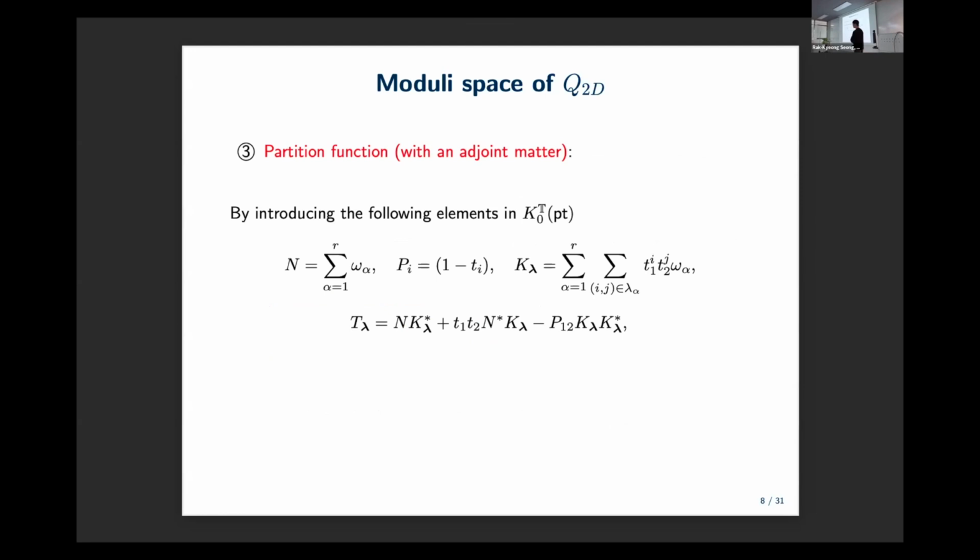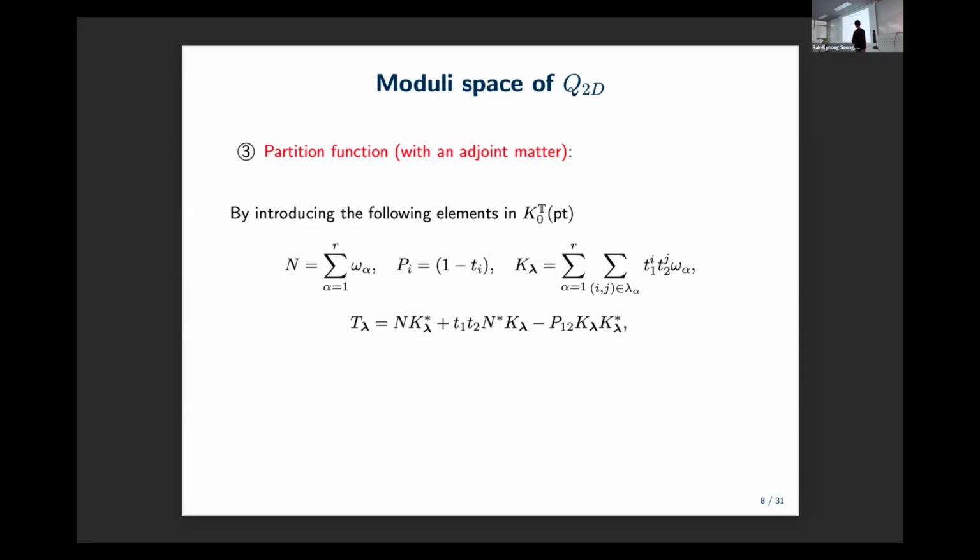To state the formula, we need some torus characters. In mathematics, this is seen as an element in equivariant K theory. And n denotes the sum of our framed torus characters. And P_i is 1 minus t_i. And this is the main part, which corresponds to the fixed points corresponding to this tuple of partitions.